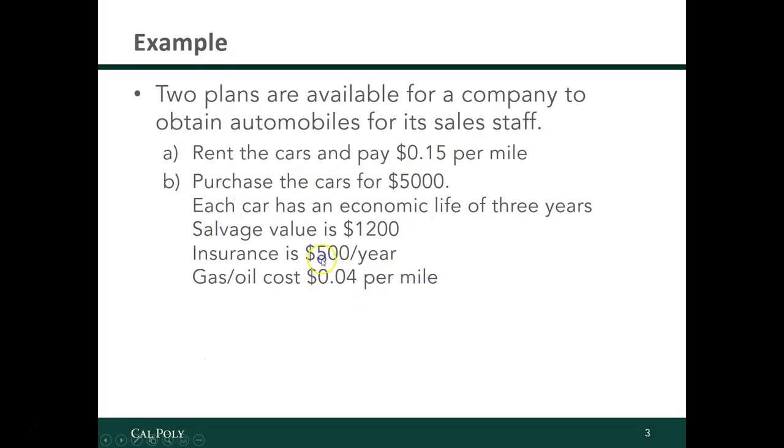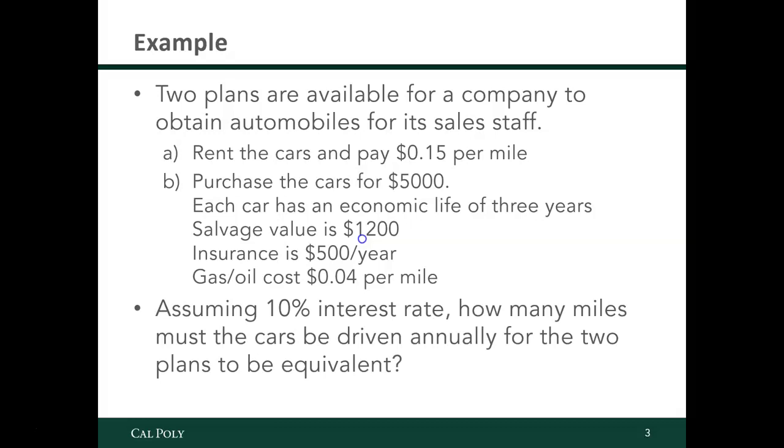So you can imagine at some point you're going to drive enough miles that the savings due to gas costs are going to offset all of these additional upfront costs and annual costs. So how much do they have to drive per year in order to make these two options equivalent? Assuming a 10% interest rate, how many miles must the cars be driven annually for the two plans to be equivalent?